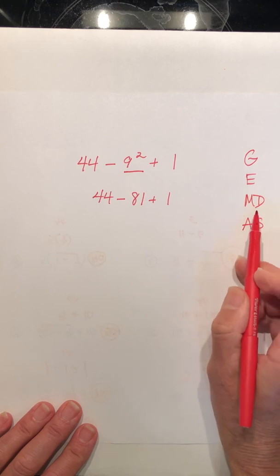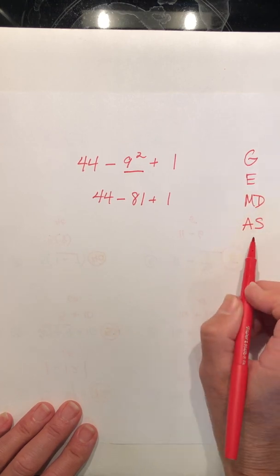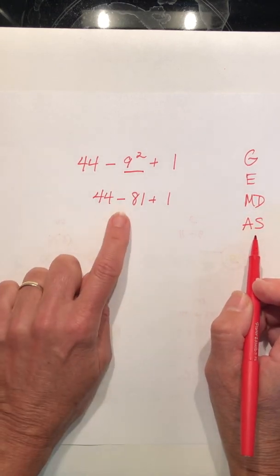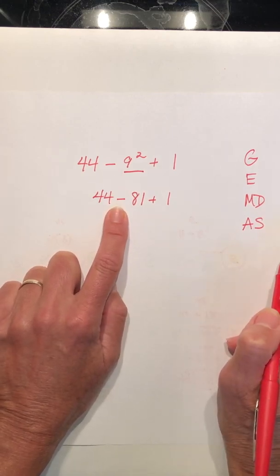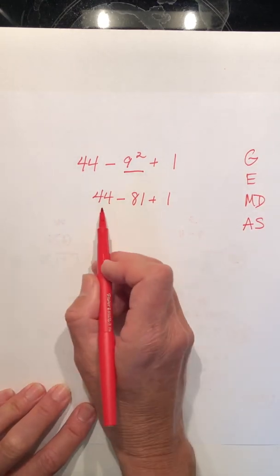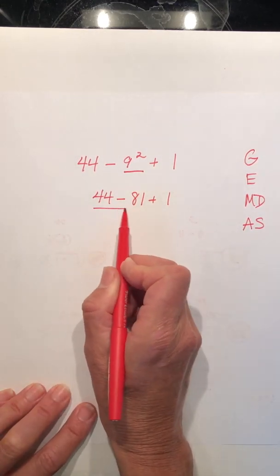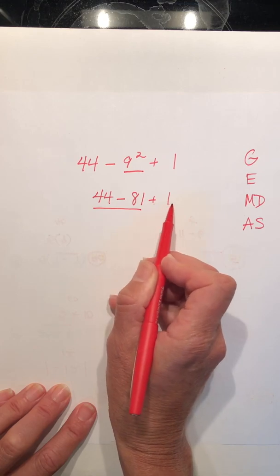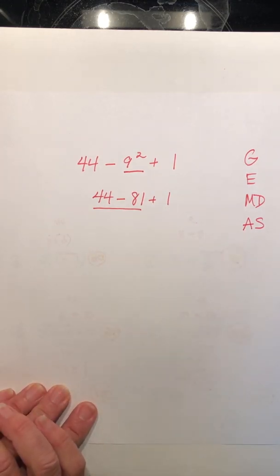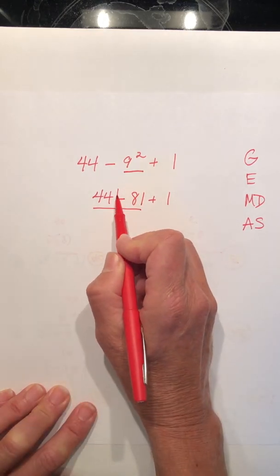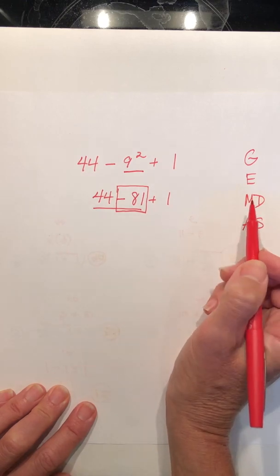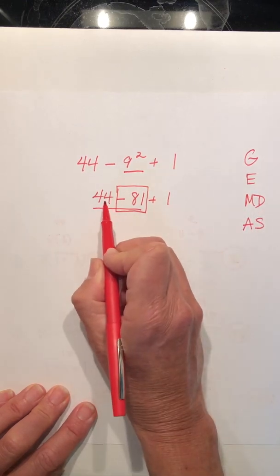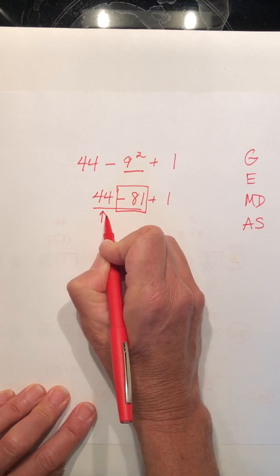Now, there's no multiplication or division, but there is addition and subtraction. And since the subtraction showed up first, it's first come, first serve. So I need to do the 44 minus 81 before I can do the plus 1. So, how do I do that? I'm going to box in that 81 so I can put the subtraction to bed. So the positive 44 is the likes.